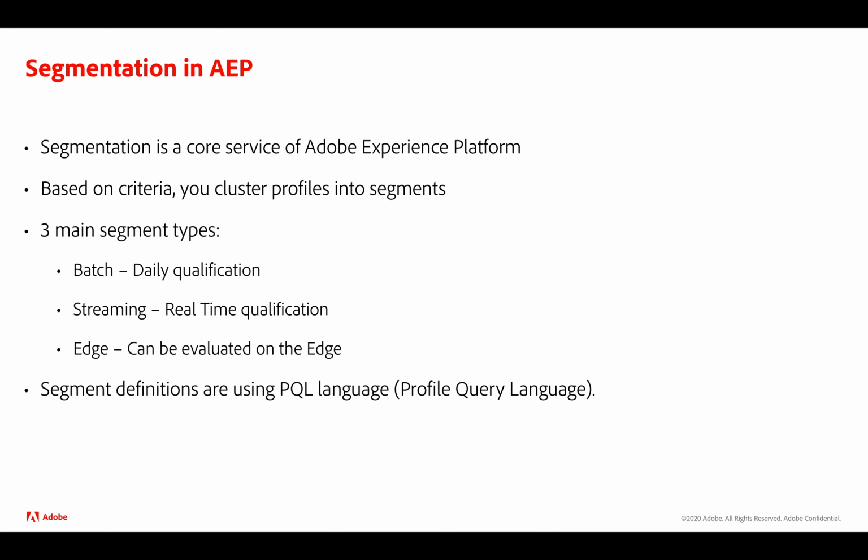There are three main segment types: batch, streaming, and edge. We'll see them in more detail later, but basically batch is on daily evaluation, daily qualification. Streaming is real-time qualification, up to 5 minutes. I think that's the SLA that we have. Edge can be evaluated directly on the edge.